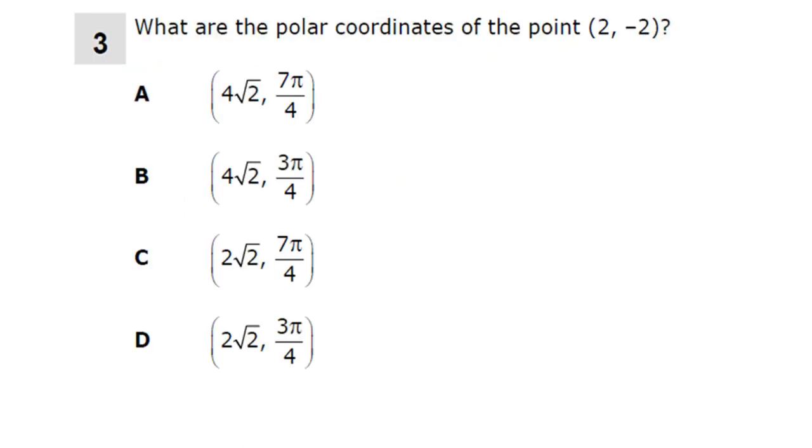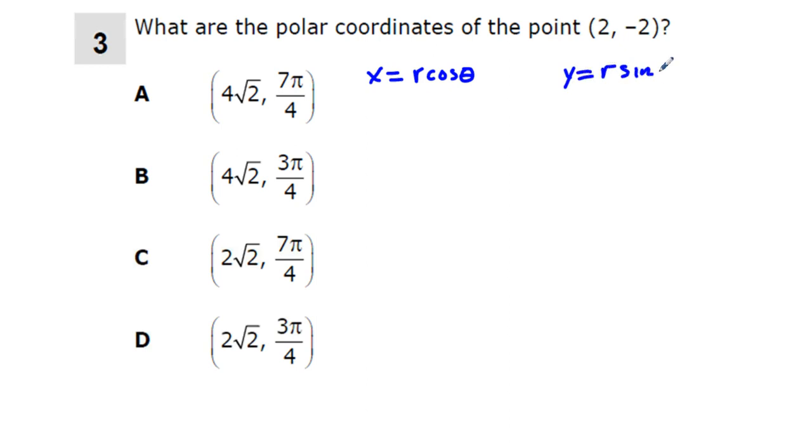For the polar coordinates, the point 2, comma, -2. Well, we can find R, or X is equal to R cosine theta, and Y is equal to R sine theta.